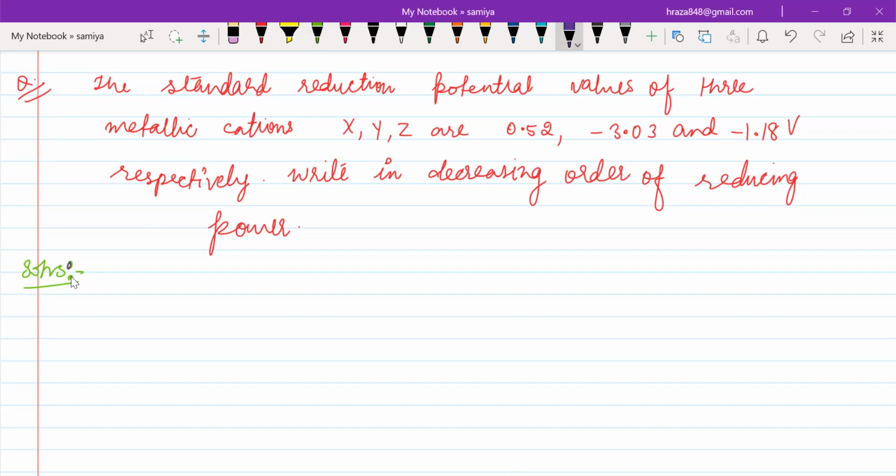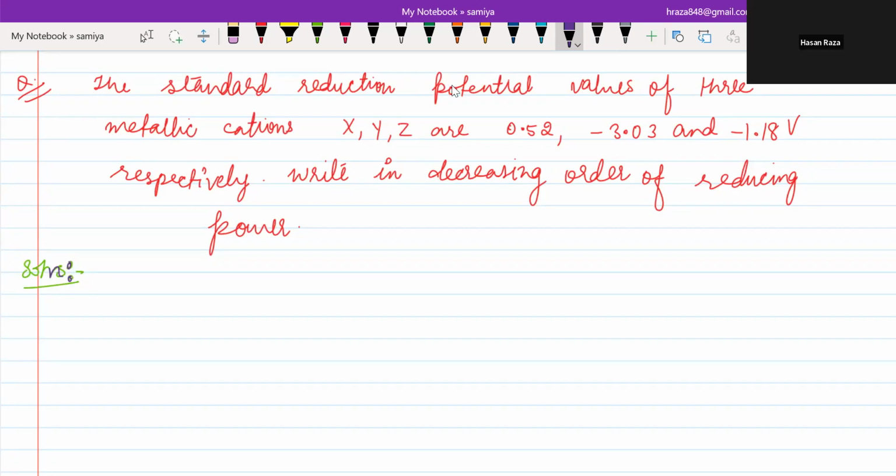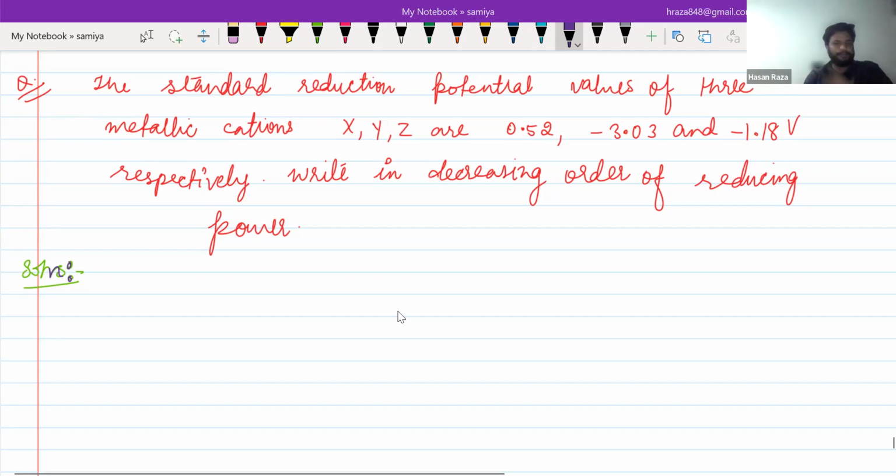Sir, is the answer X, Z, and then Y? The answer is X, Z, and then Y. Is it in decreasing or increasing order?